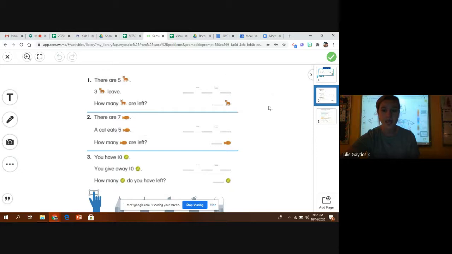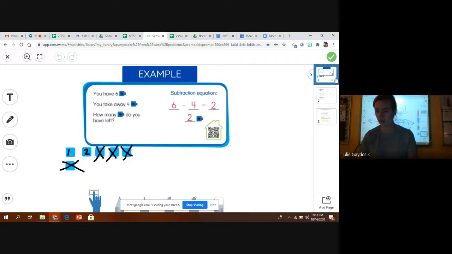Maybe that means that you do it on a separate piece of paper and you put it on top, or do it right there in your workbook and then upload it right here onto Seesaw. That example is on page 28 of your workbook.